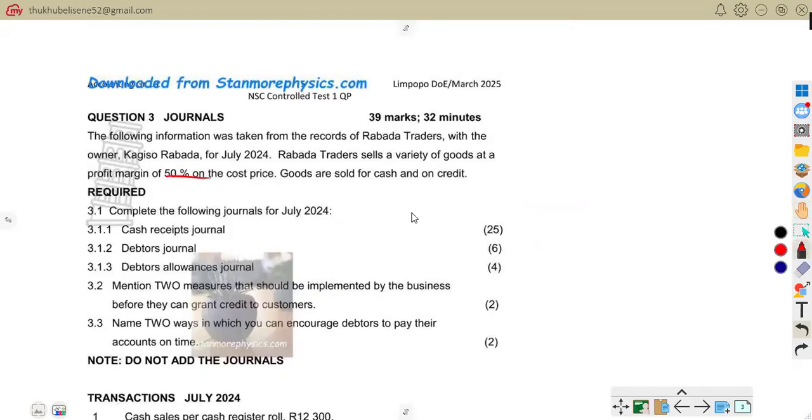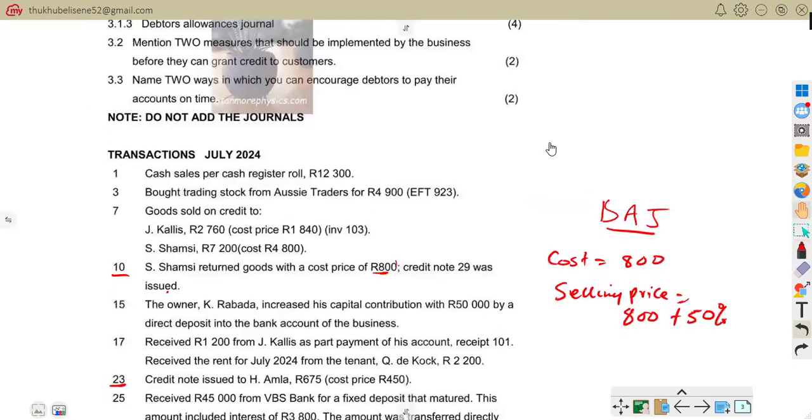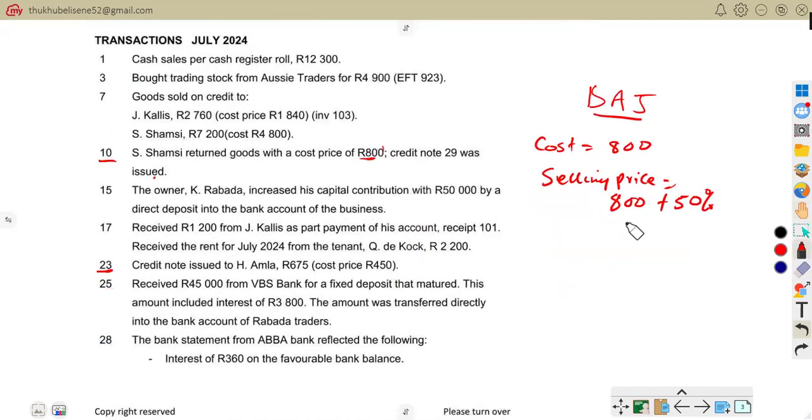So 800 plus 50% gives us 1,200. So sales is equal to 1,200, and cost of sales is equal to 800.